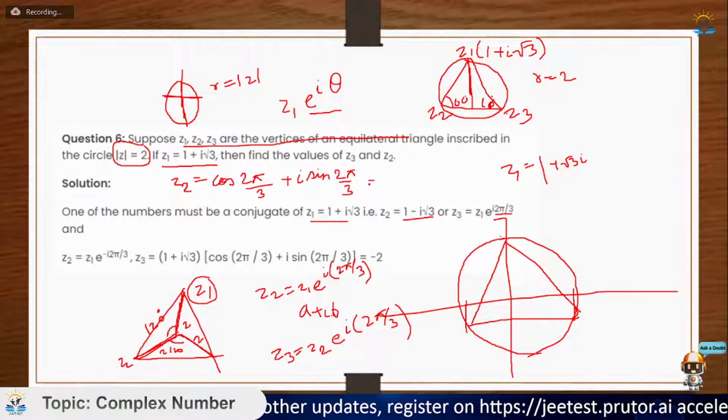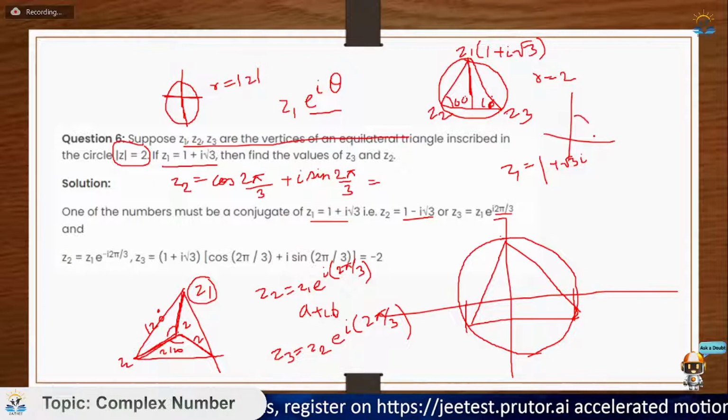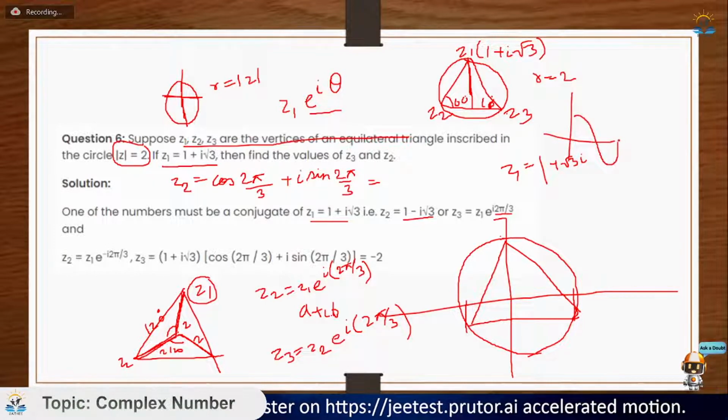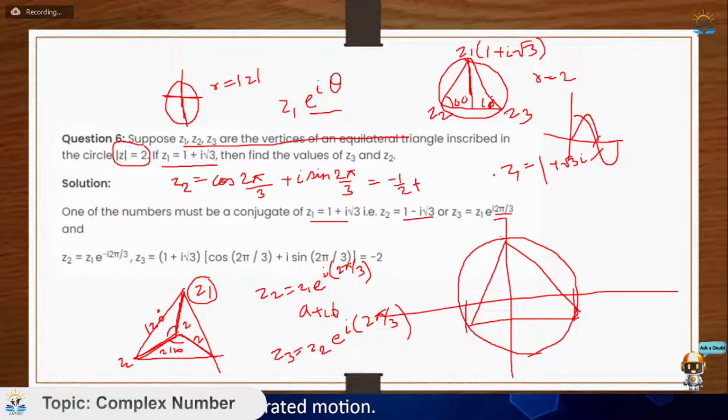Cos 120 is, this is the graph for my cos, this is 90 and this is 120, cos 120 is minus half. Plus sine 120 is, this is my 90 and this is my 120, sine 120 is root 3 by 2, so plus root 3 by 2 iota.